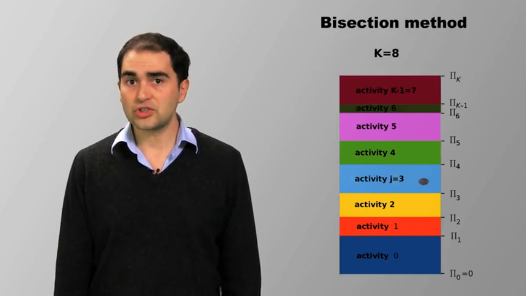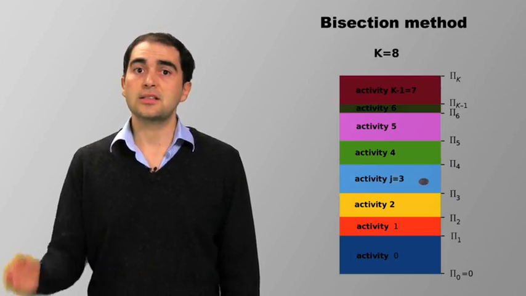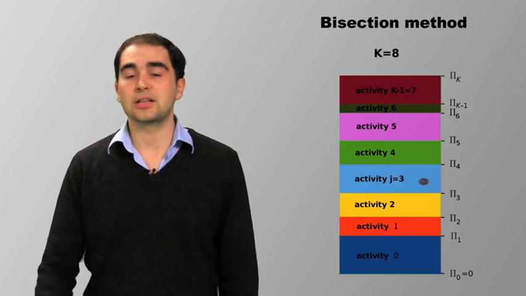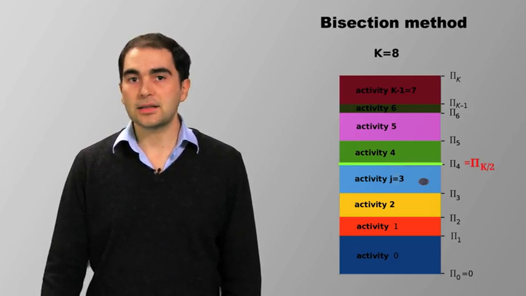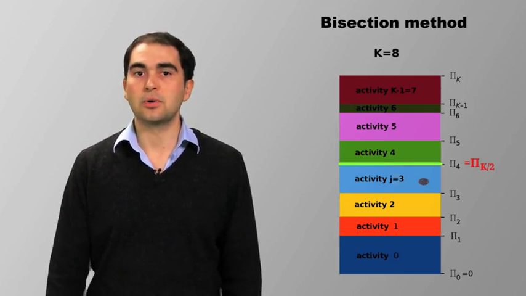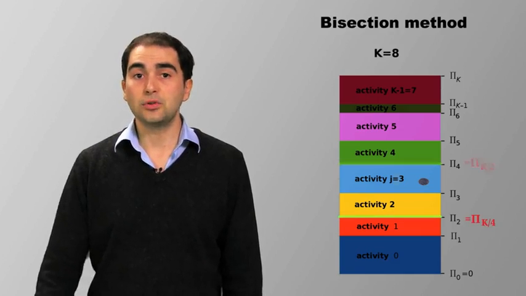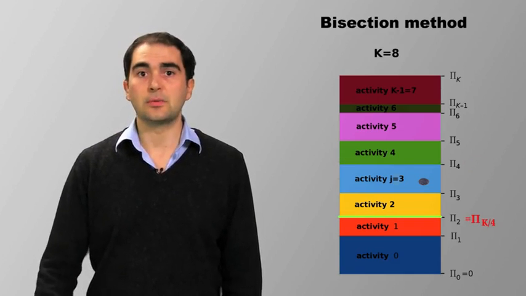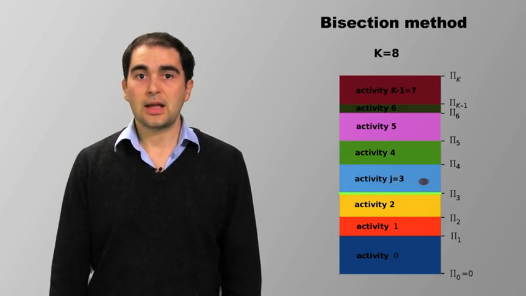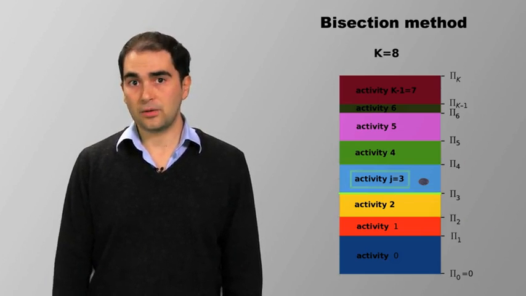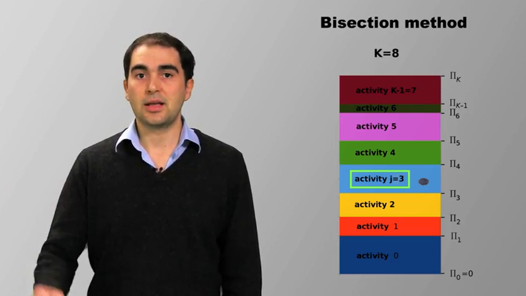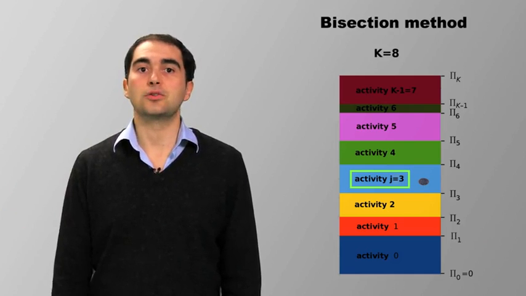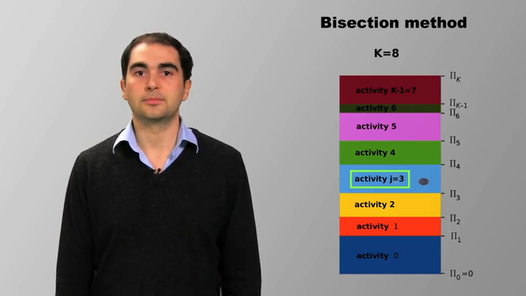We should first check if upsilon is smaller or larger than pi k over 2, and then cut the range of possible indices j in two for any subsequent iteration. After log 2 of k operations, we will find the box, and this number gives the complexity of the algorithm.